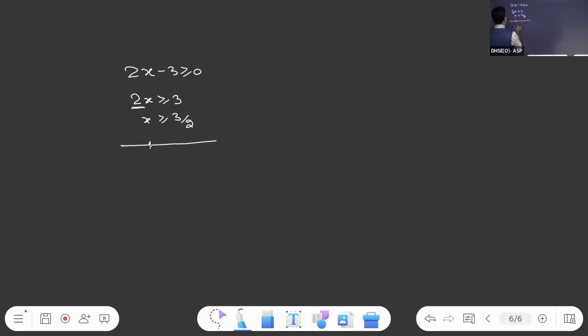Take the number line, mark a point as 3 by 2. Either equal to 3 by 2 or greater than 3 by 2, that is, 3 by 2 is included. We should put a filled circle over 3 by 2, then 3 by 2 to infinity. So the answer in interval form is x belongs to 3 by 2 to infinity.